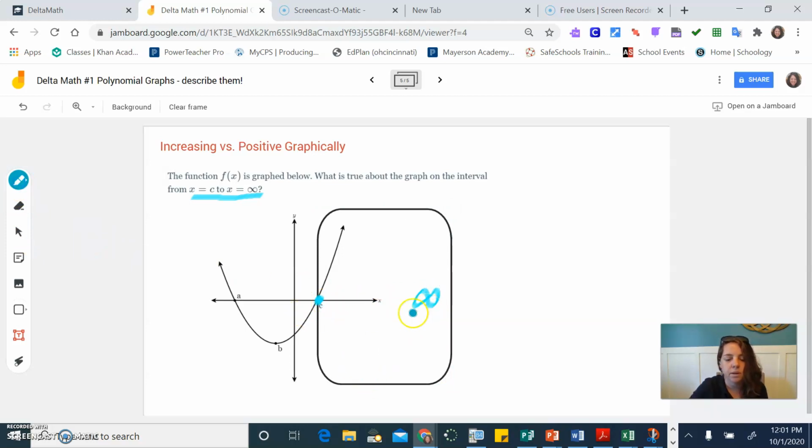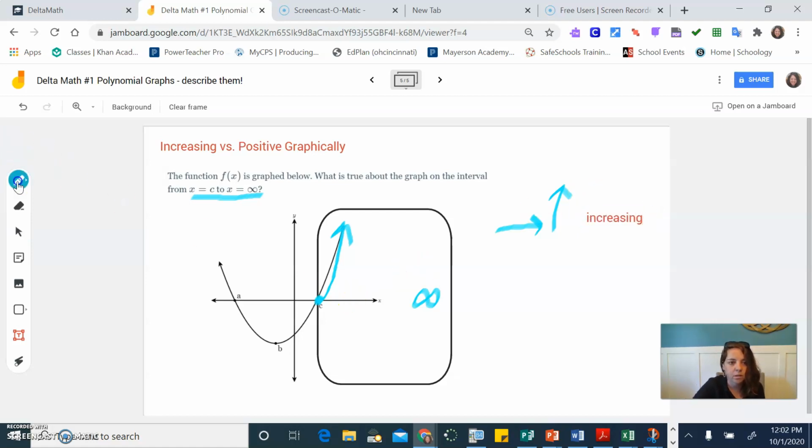So what part of the graph do I care about? This little curve right there. As we go to the right, is that part of the graph going up or down? Well, it's going up. So that would make it increasing.